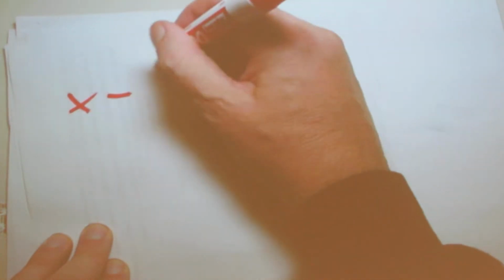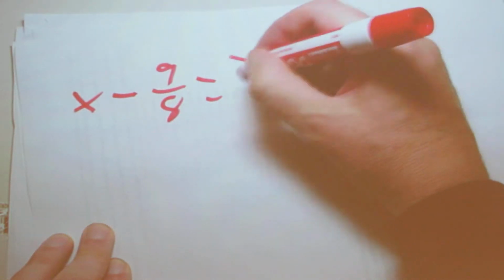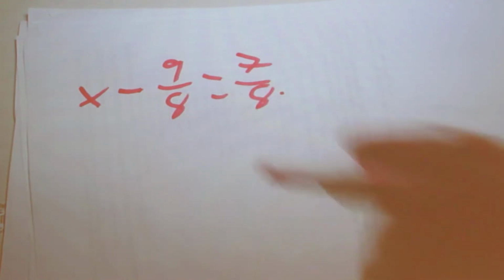Now, let's say that we have x minus 9 over 8 equals 7 over 8. We can do this 2 ways. We only have the one denominator on here, and they are the same. So we can either keep it as a fraction, or we can get rid of fractions to begin with. Let's go ahead and get rid of our fractions.